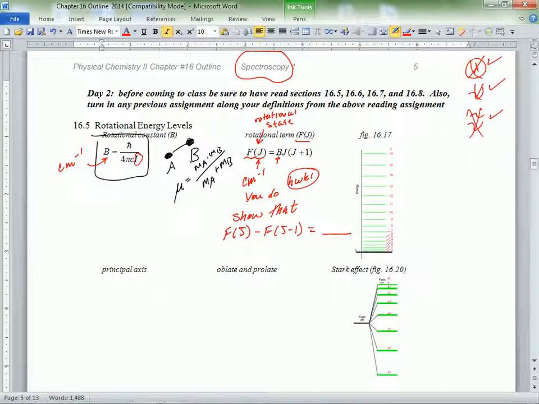So you'd have bj times j plus 1 minus the same expression again, but wherever you see a j, put in j minus 1. And see what it is. Okay? So you need to show that it's 2bj. If I remember right, yeah, 2bj. So you plug in those two and you show that.